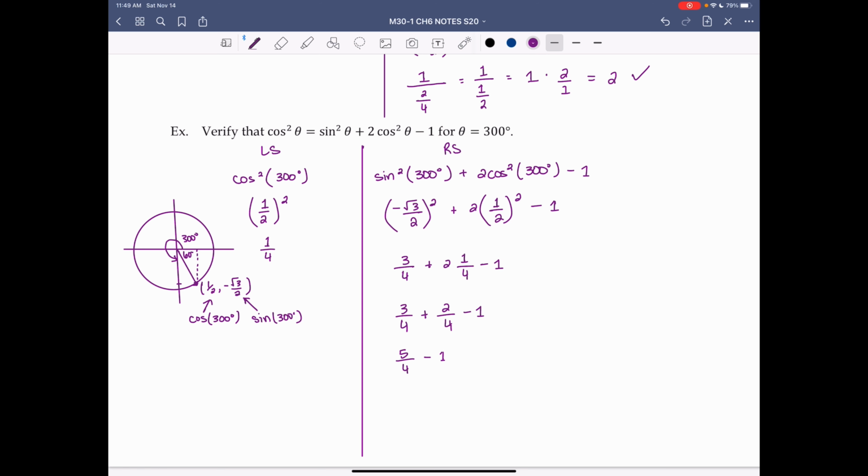We can write 1 as a fraction over 4 by writing 5/4 minus 4/4. 4 divided by 4 is equal to 1. 5 minus 4 is 1/4. So 1/4 equals 1/4. We verified the equation for the specific value theta equals 300.